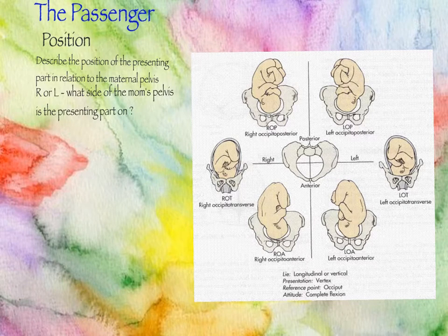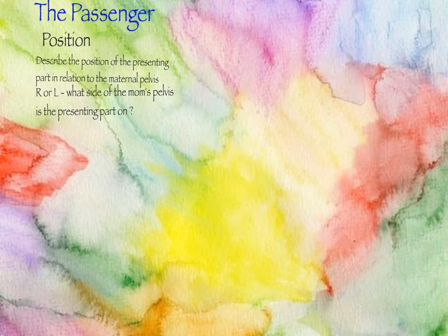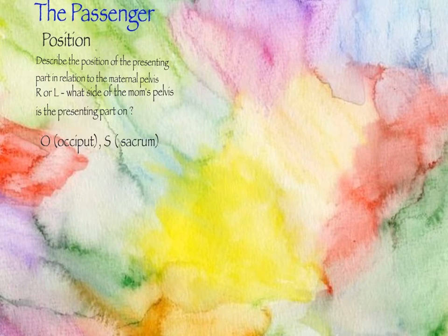Okay, so our next letter is going to be, I'll get rid of this picture too. I have a better picture for that part of it. It's going to be O for occiput, if the baby's presenting part is the back of the head, which it typically is, or it can be S for sacrum if the baby is breech, or it can be M for mentum.